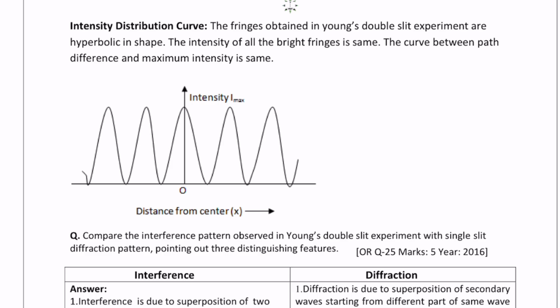Now the fringes obtained in Young's double slit experiment are hyperbolic in shape. The intensity of all the bright fringes is the same. The curve between path difference and maximum intensity is the same. Okay, so this is the graph.